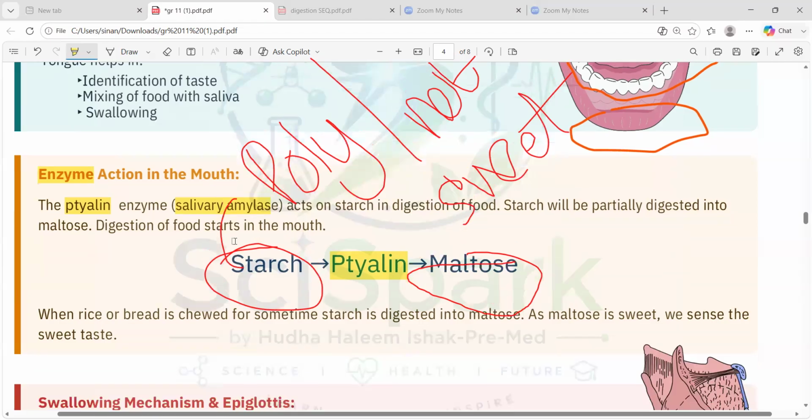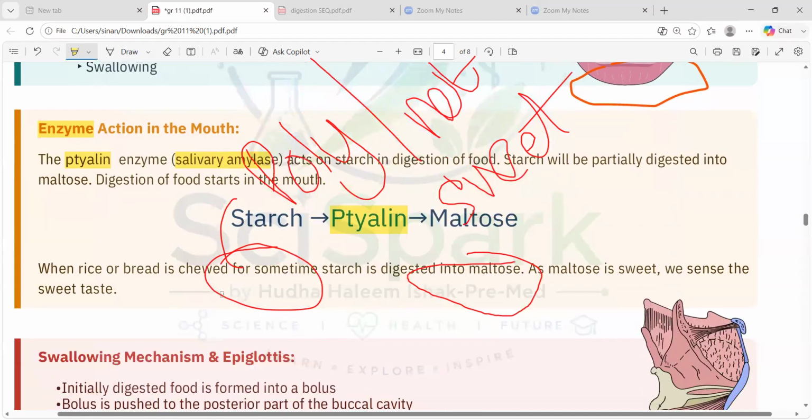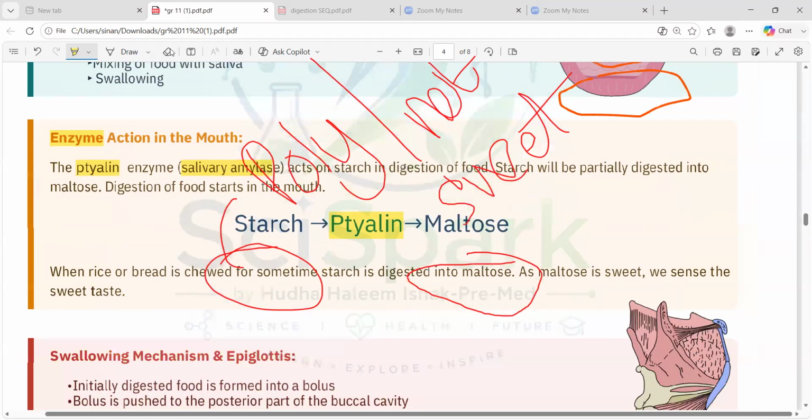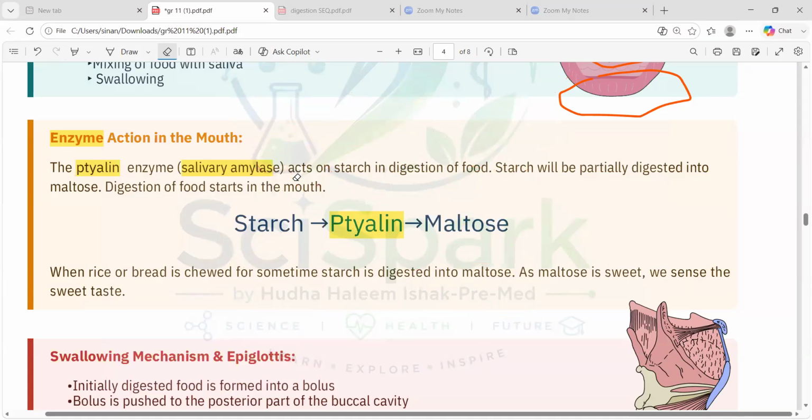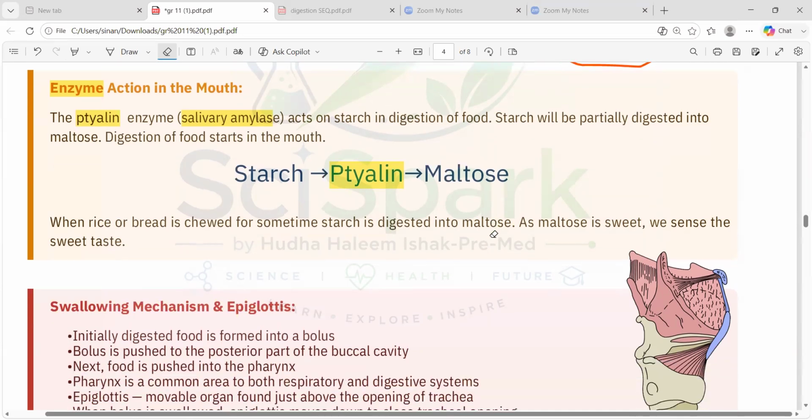These enzymes work inside the mouth and help the reactions to proceed. So the enzyme action, the chemical digestion in the mouth, is converting starch into maltose. That's it about the digestion in the mouth.